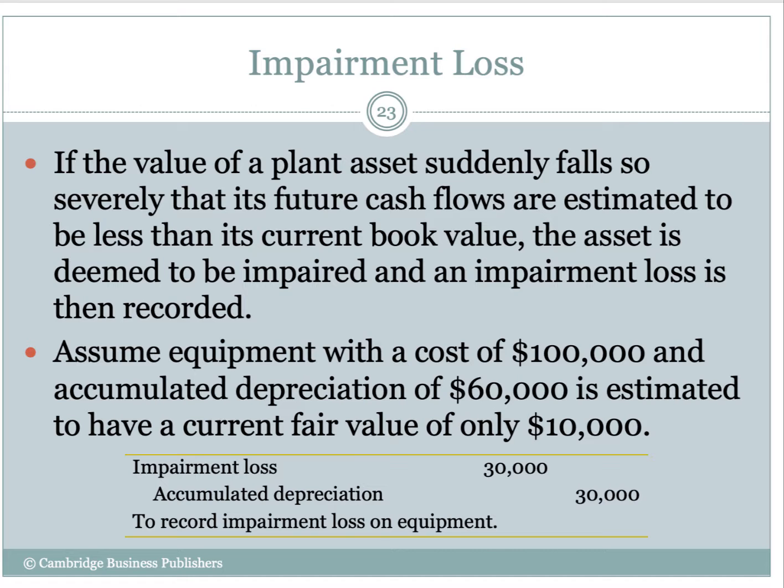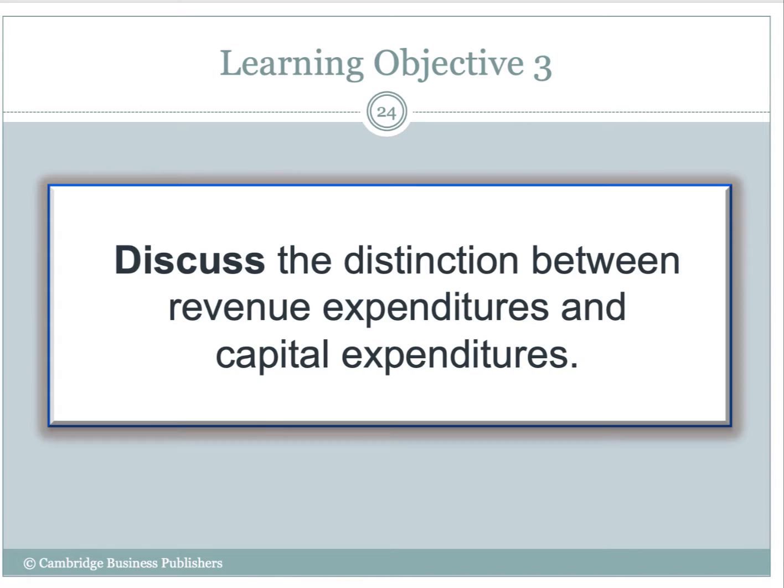It's $10,000. Instead of carrying that asset on our books for $40,000, we're going to carry it on our books for $10,000. So we need an adjusting entry. We have what we call an impairment loss of $30,000. We're going to debit impairment loss and credit accumulated depreciation, recording the impairment loss on that piece of equipment.